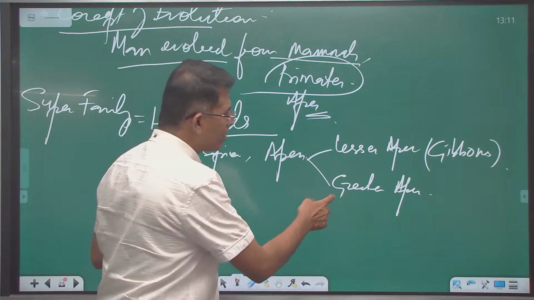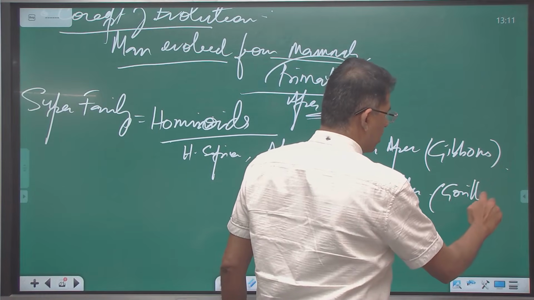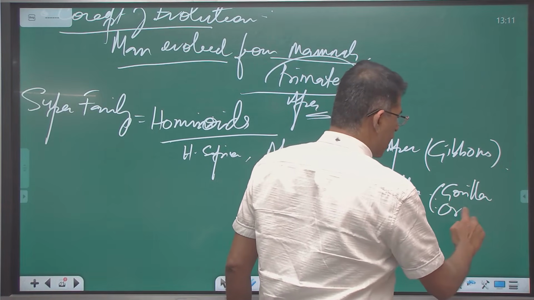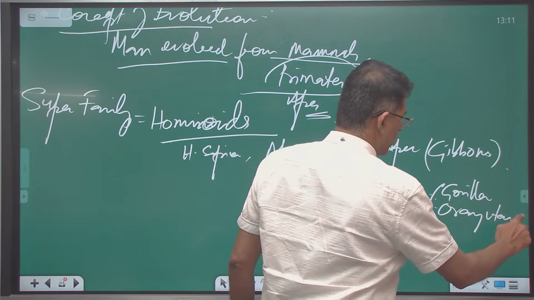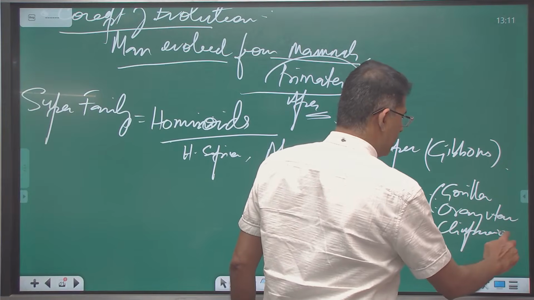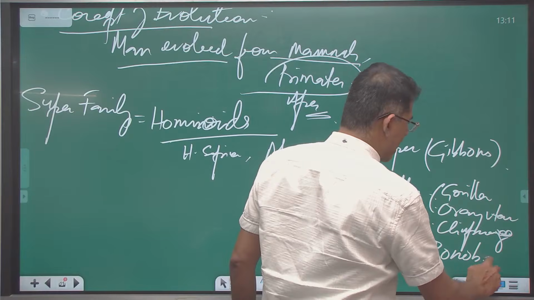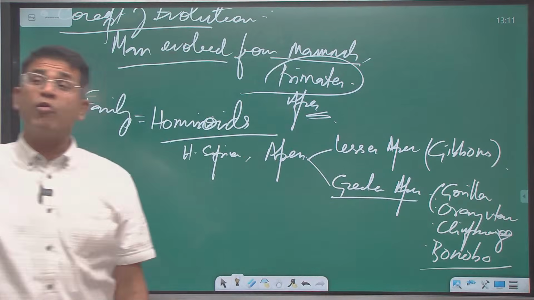And the greater apes are like gorilla. We have orangutan, chimpanzees, we have bonobos, B-O-N-O-B-O. They're like chimpanzees but smaller and far more intelligent.